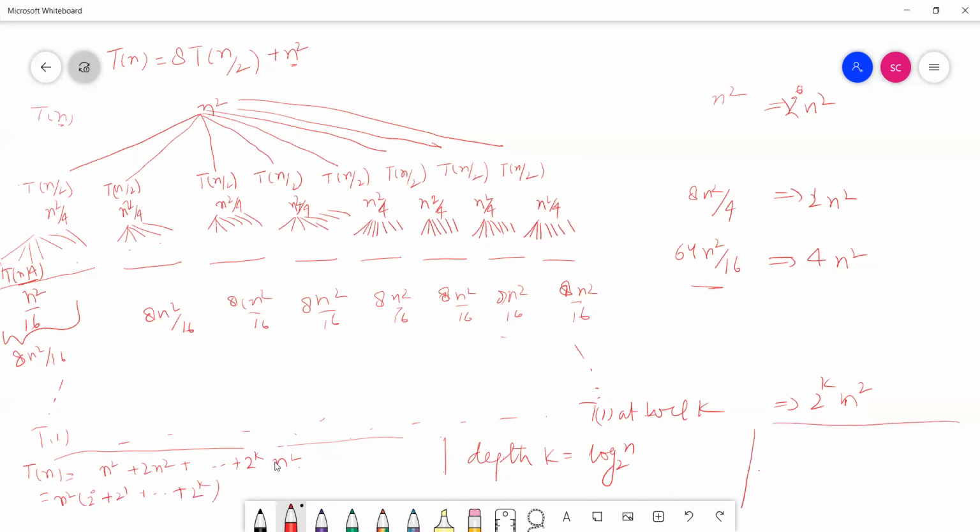So the k value is log n. So we have n square, and solving the geometric progression, first term is 1, it is 2 to the power log n, k value is log n, minus 1 upon 2 minus 1. So it will be n square into n minus 1. So complexity is order of n cube.